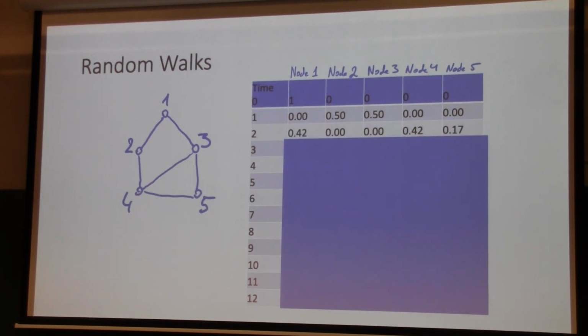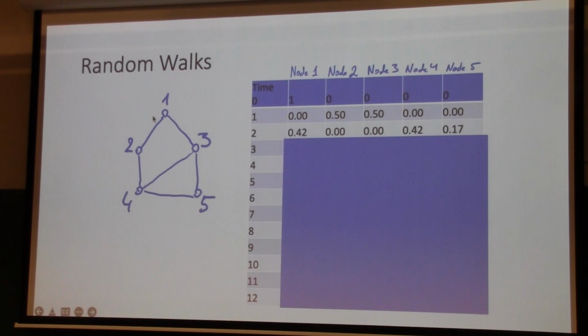So that gives me this. That means there's a 42% chance of being in node 1. So where does this number come from? Well, it means I have a 25% chance coming from node 2, and a 17% chance coming from node 3, and 25 plus 17 is 42.